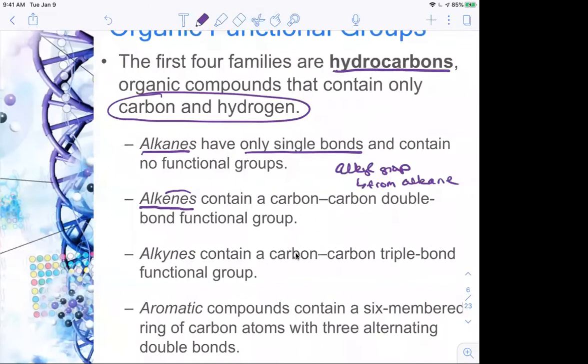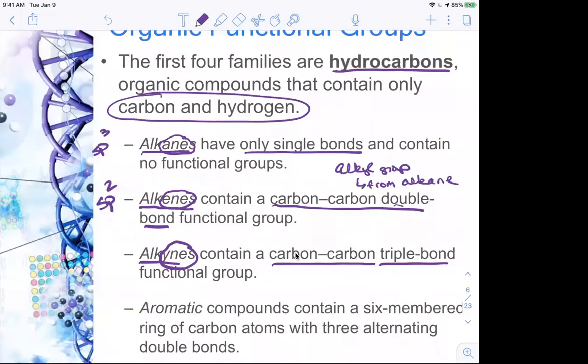Alkenes, notice the ending, E-N-E, instead of A-N-E, have carbon-carbon double bonds. Alkynes, notice Y-N-E-S, have that carbon-carbon triple bond. These are sp3 hybridized, these are sp2 hybridized, these are sp hybridized.